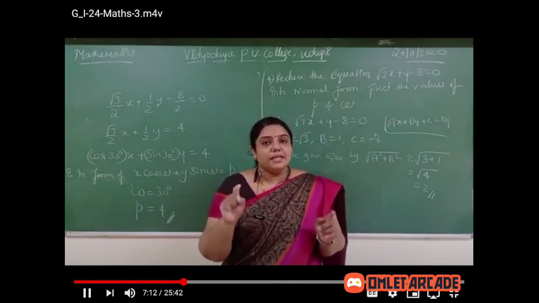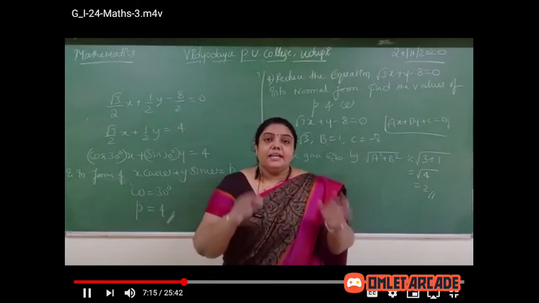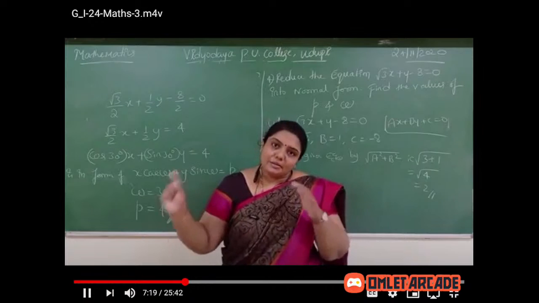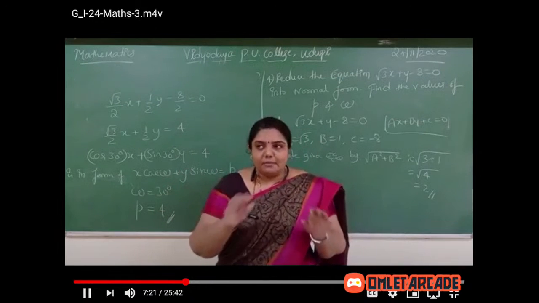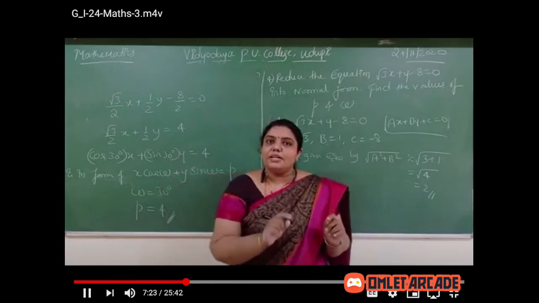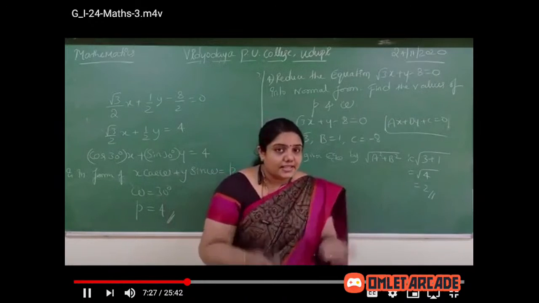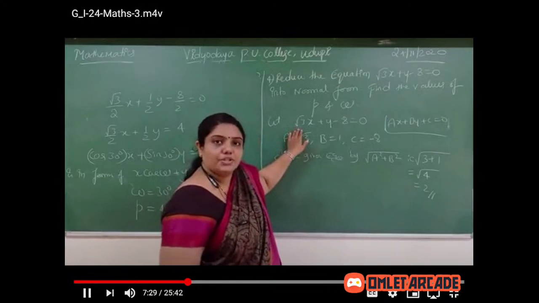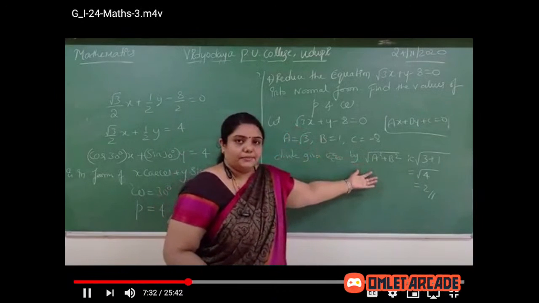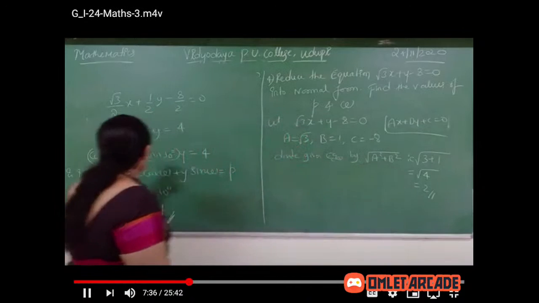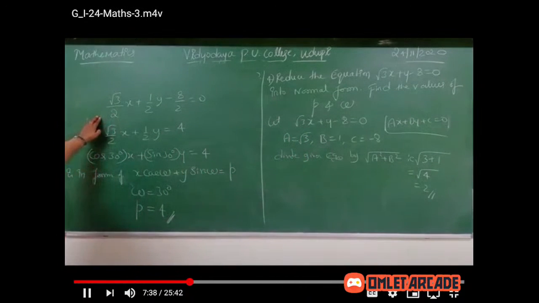Sin omega is plus or minus b by root of a squared plus b squared. Even the p value is plus or minus c divided by root of a squared plus b squared, isn't it? For all of them the denominator is root of a squared plus b squared. That's why I am dividing the equation by that component. Now it is in the form of this, which is equal to this.